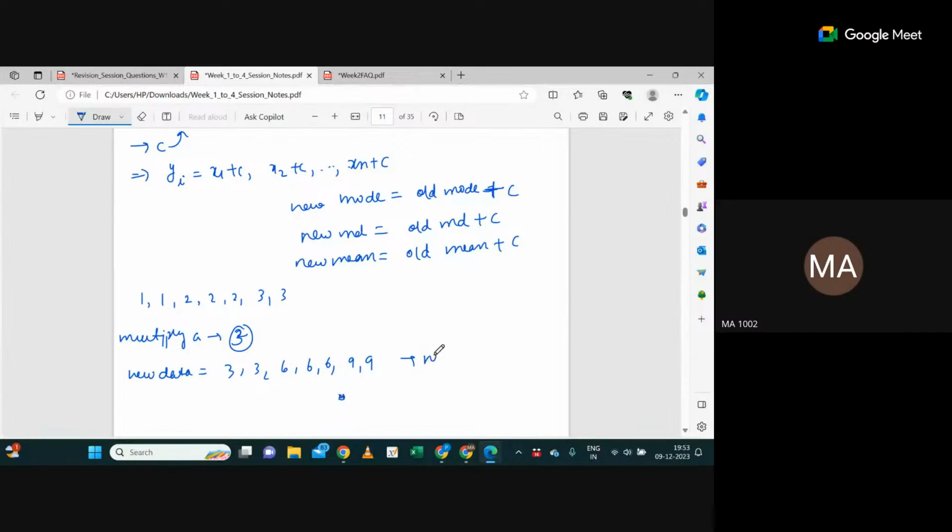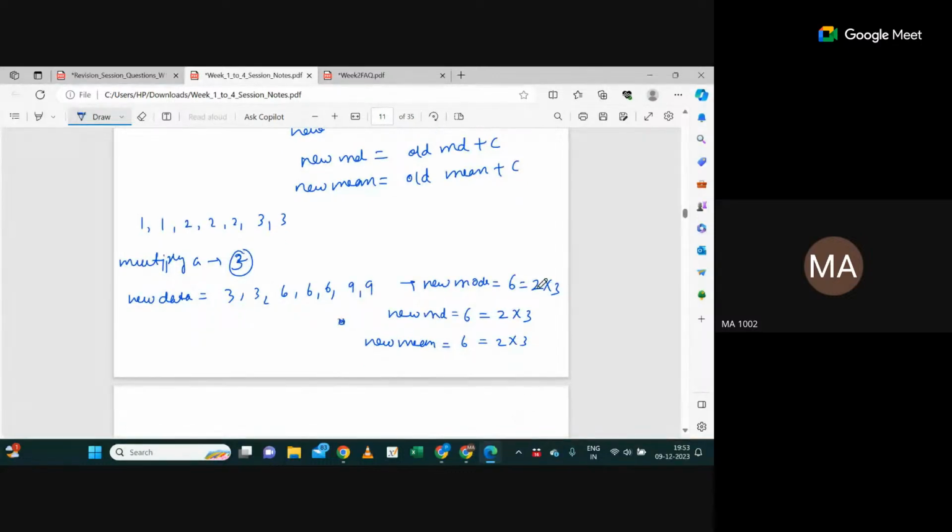What will the new mode be? It will be 6 again, which is nothing but 2 into 3. New median will again be 6, again 2 into 3. And the mean of the new data set will again be 6, which is 2 into 3.